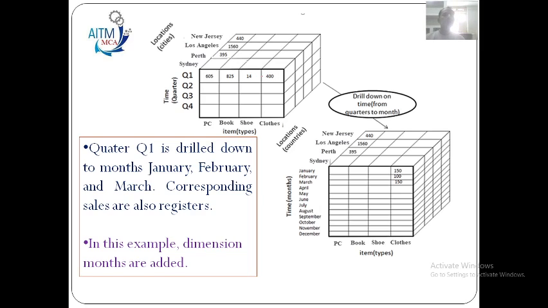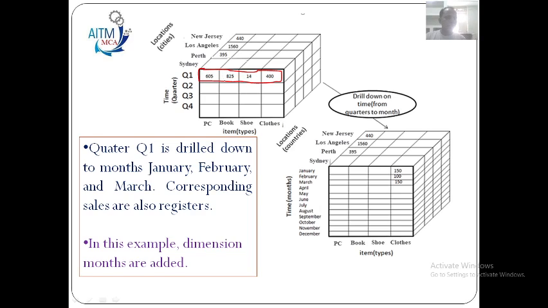So what I am going to do, I will take only this quarter. Here in this quarter, what is there? January will be there, February will be there, March will be there. Three months will be there. So this 605 includes January, February and March.